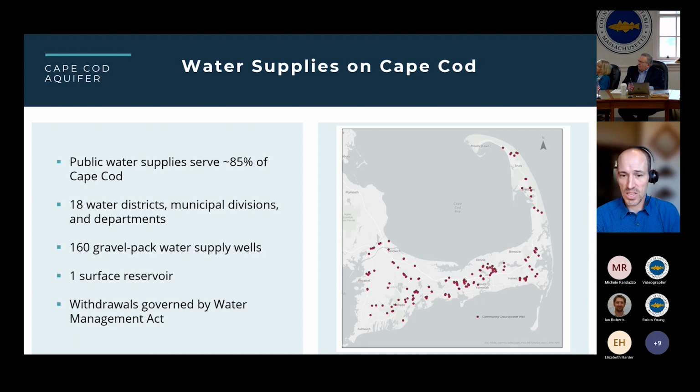Those are wells that are withdrawing groundwater from the aquifer to provide drinking water. There's one surface reservoir, Long Pond in Falmouth. And the withdrawals for each of these districts, divisions, departments, and all of their wells are governed by the Water Management Act, which is administered through Mass DEP.